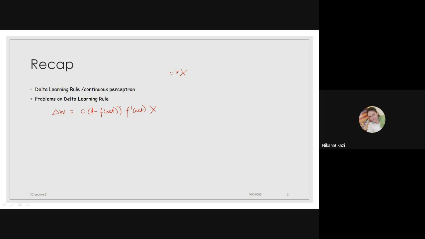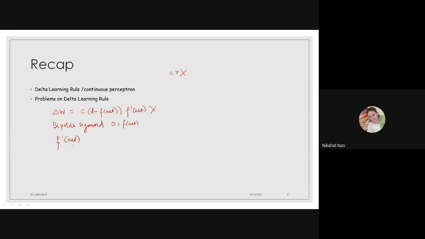Now we saw two different activation functions which we usually consider, the bipolar sigmoid and the unipolar sigmoid, right? For the bipolar sigmoid, what is f dash net? This also we derived yesterday. What is the derivative in terms of the output? If O is the output, O is nothing but f of net, the activation function applied to the net value, right?